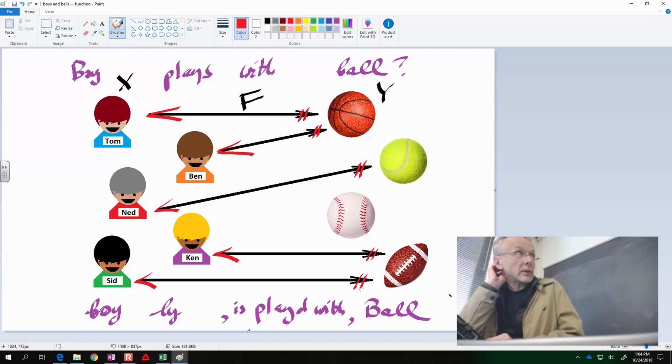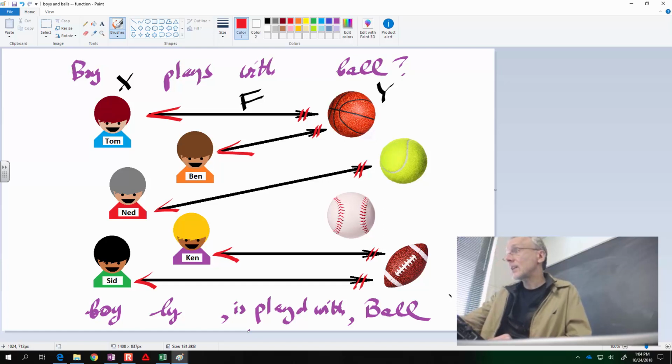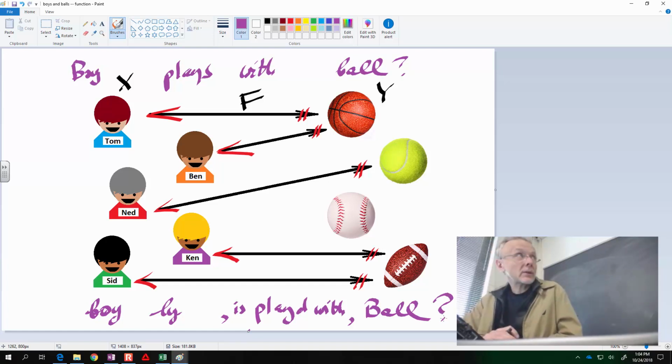So can I determine the boys that play with the ball that is shown to me? You could try, because there's enough information. But the problem with this question is that it doesn't have a good answer.